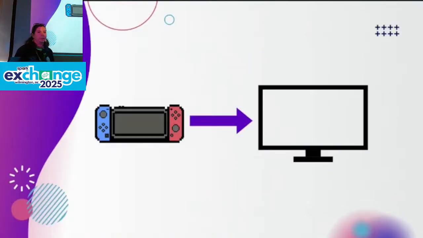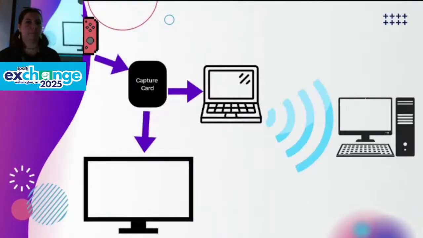Usually, when you play video games, your setup looks a little like this. It goes straight from the console to the monitor you're playing on, if you play on a monitor. And it's so simple. I mean, look at it. Two things. When I was streaming, the setup looked a little more like this. Much more complicated.